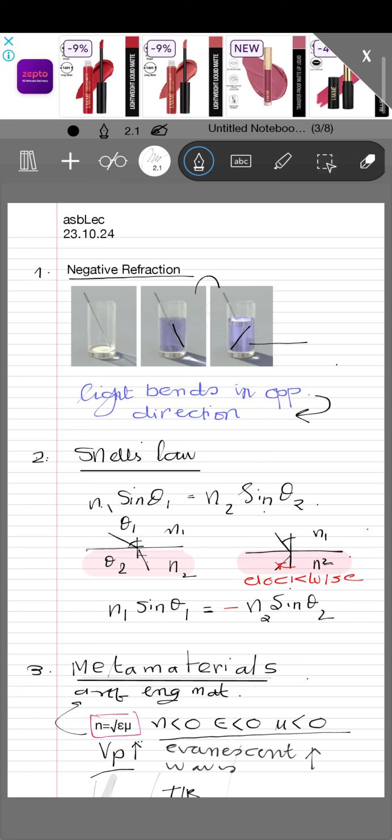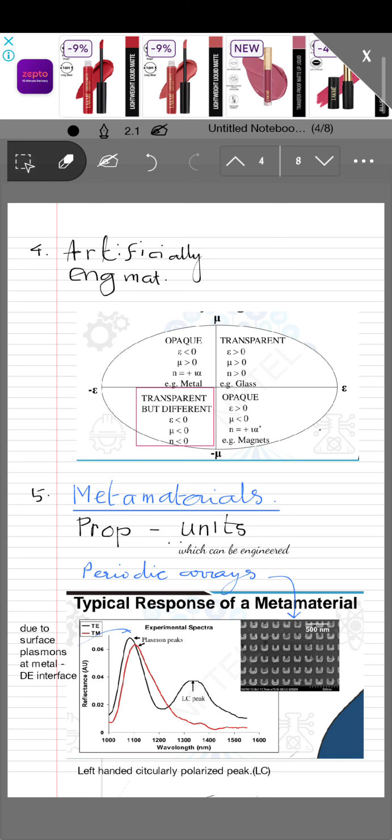So here is how the artificially made metamaterials are different. If you compare an opaque material with a transparent material, the thing that differentiates them is that, apart from the permeability, it shows an opposite sign of permittivity, and the refractive index is a constant here for opaque materials, however it is more than 0.